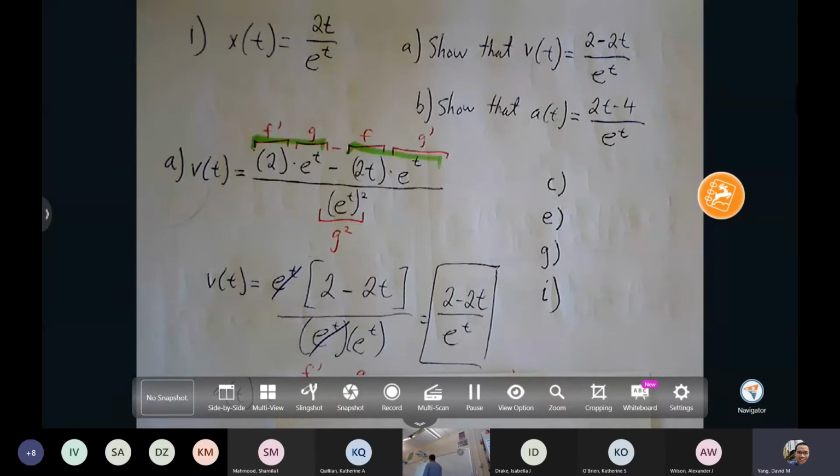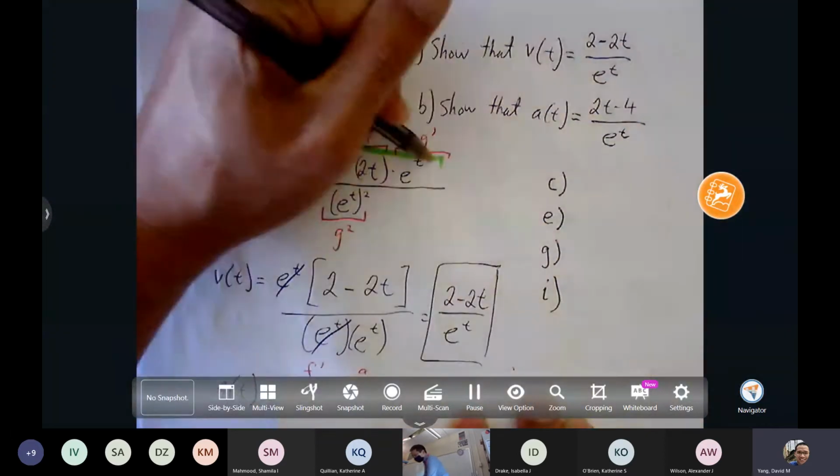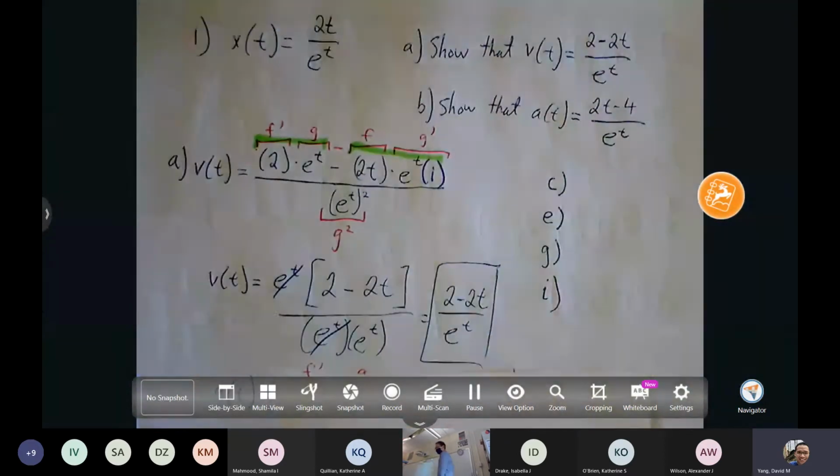So this exponential function works so nicely with calculus because the derivative of the function is the function, and that allows for a lot of clean relationships. Technically this is times 1 here, but it just doesn't change, that's why.